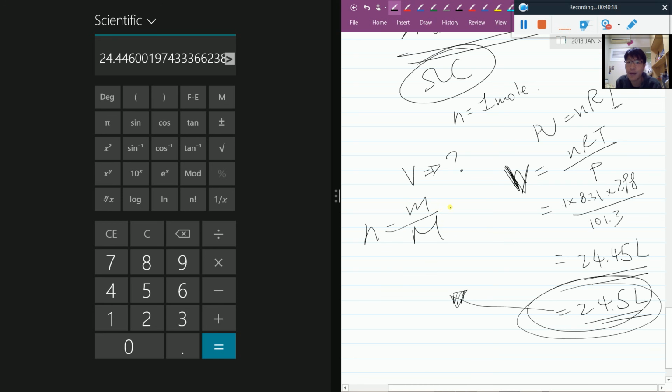But this only applies to solids or something that you can weigh. What if I only give you gases? Because gases at the same conditions are directly related to the volume, the number of moles can be calculated by the volume given divided by the molar volume.